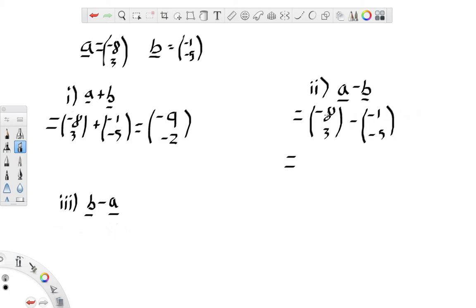So we've got minus 8 minus minus 1. Well, a minus and a minus is a positive, so it works the same with vectors. We've got minus 8 plus 1, that's minus 7. And we've got 3 minus minus 5, so that becomes 3 plus 5, which is 8.